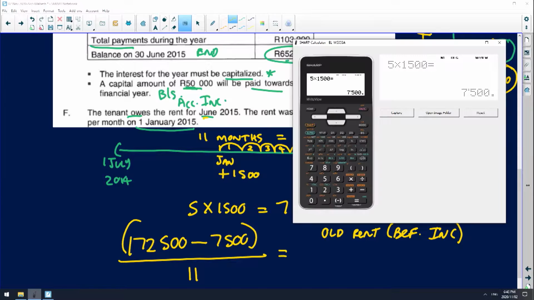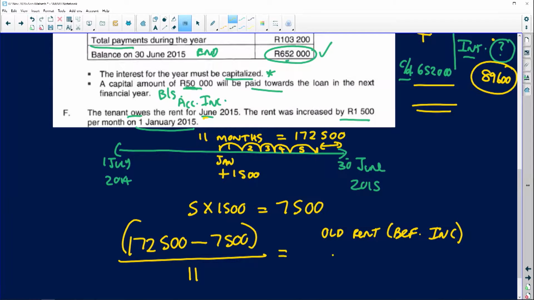So let's do that. Okay, so we've got the total rent 172,500 minus 7,500. Okay, and if we divide that by 11, that gives us the old rent, which is 15,000.